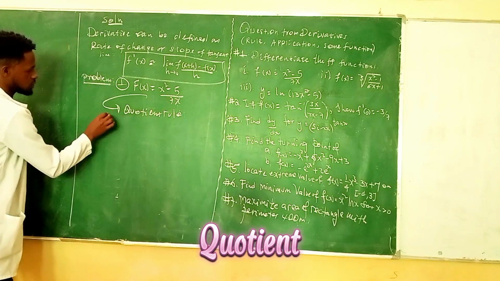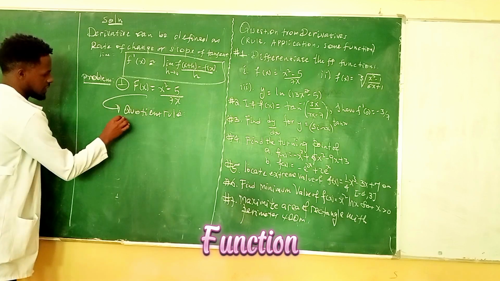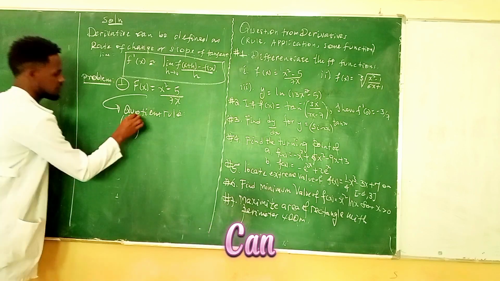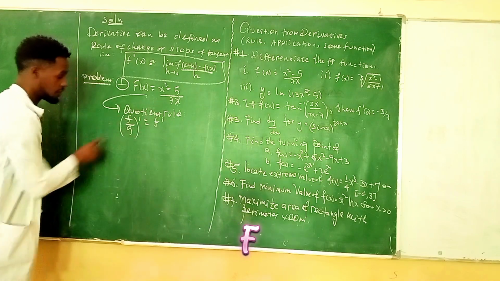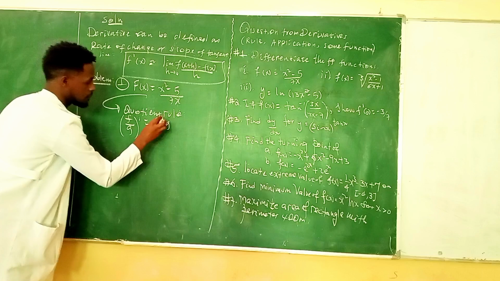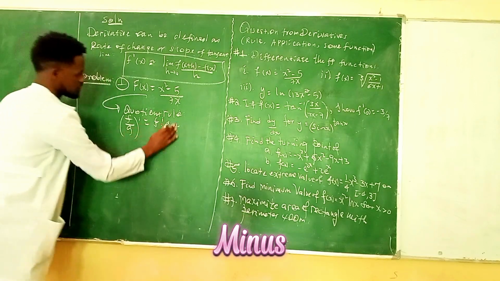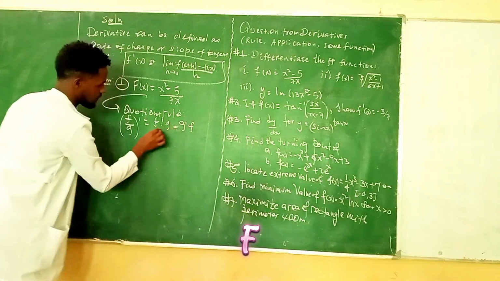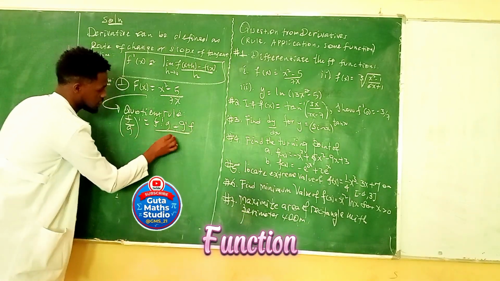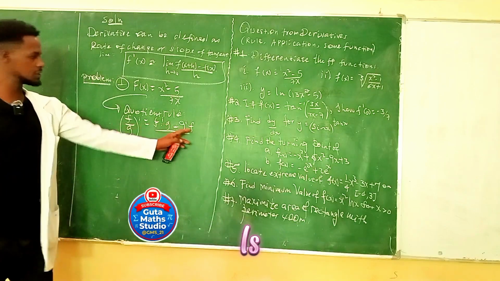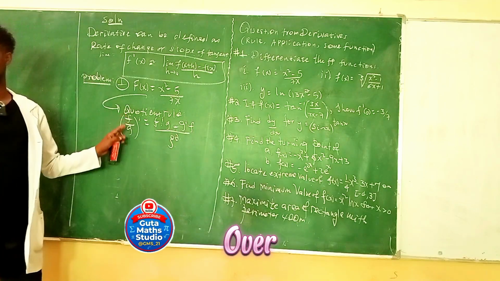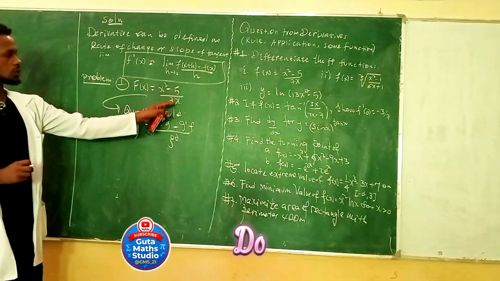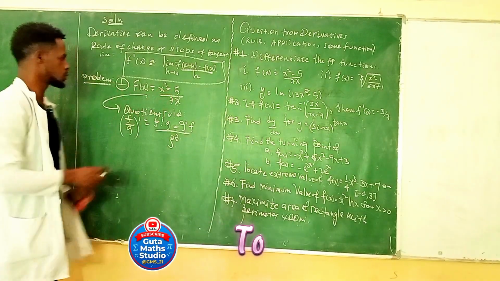The quotient rule says if a function f of x is divided by g of x, then the derivative can be found by the derivative of f times g minus the derivative of g times f, over the denominator function g squared. This is the formula for f over g. So by using this formula, it's possible to do this one.